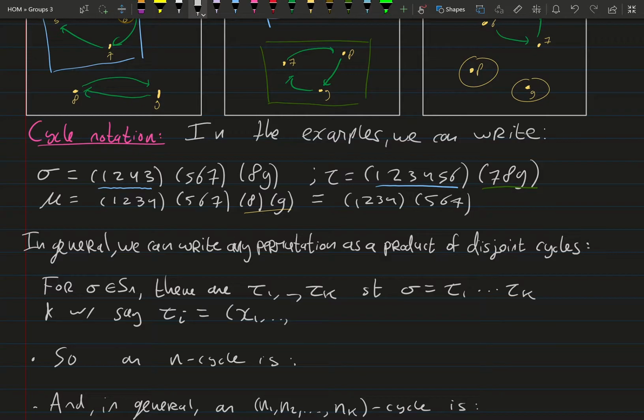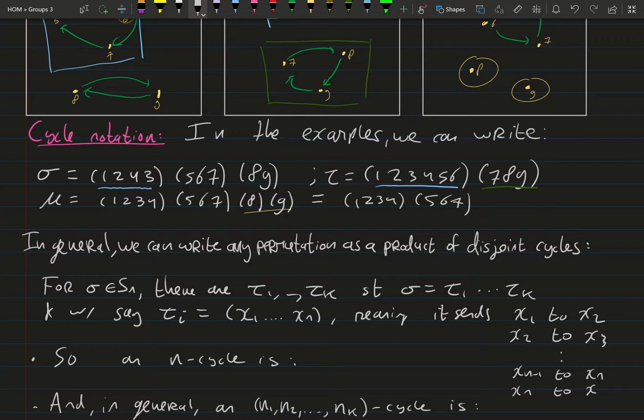(x1 ... xn), no commas, just x1 up until xn, meaning it sends x1 to x2, x2 to x3, etc., up until x(n-1) to xn, and then xn to x1 again.